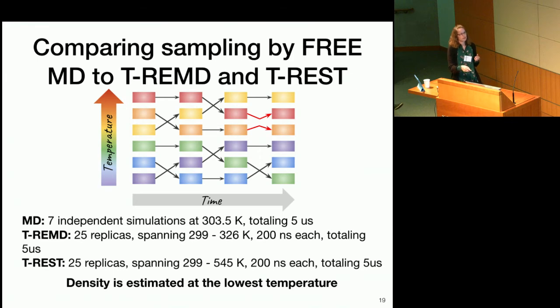But still, we are considering a total of 5 microseconds to be able to compare. And in both of these replica exchange simulations, the density is estimated at the lower temperature. So the aim of the swaps is only to propagate conformations that are accessible at higher temperature.